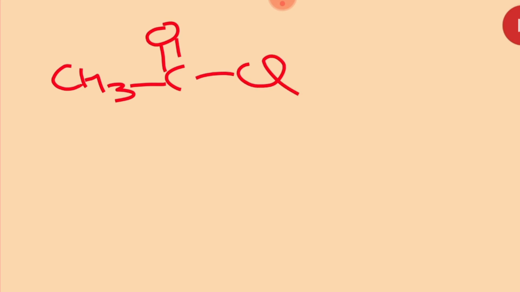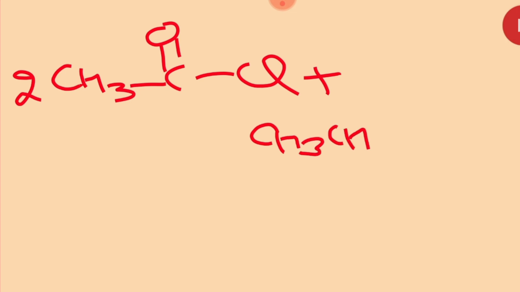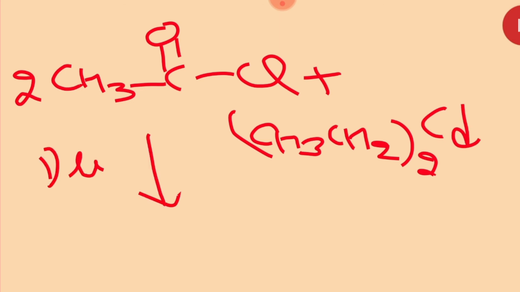So we have prepared the ketones from there. Now students, I am going to take some examples regarding that. Let it be I am using CH3COCl, 2 moles of this, and along with that I am using (CH3CH2)2Cd in the presence of dry ether.